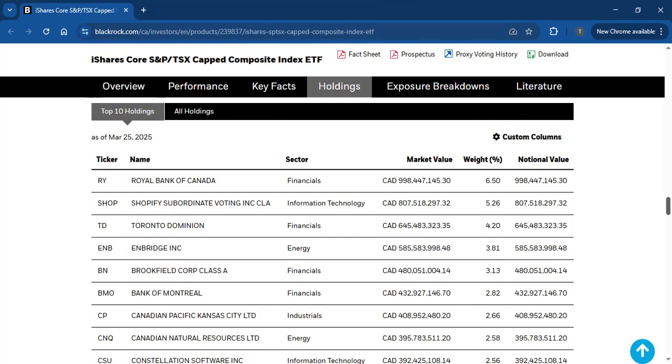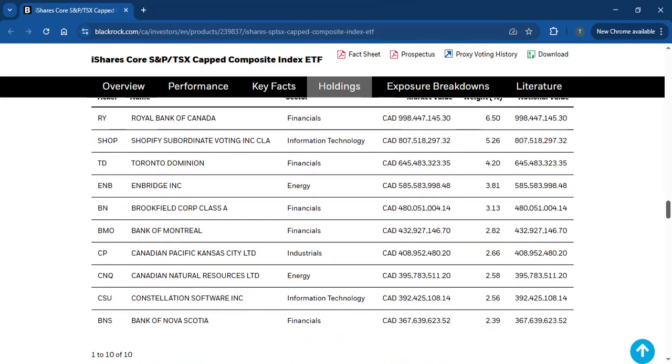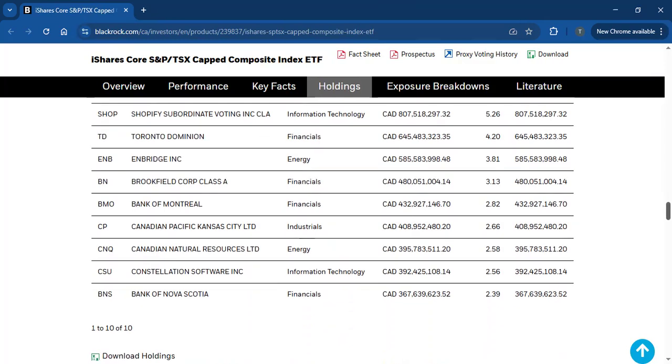Then Shopify and TD, Enbridge, Brookfield, Bank of Montreal, Canadian Pacific Kansas City Ltd, CNQ, CSU, and Bank of Nova Scotia.